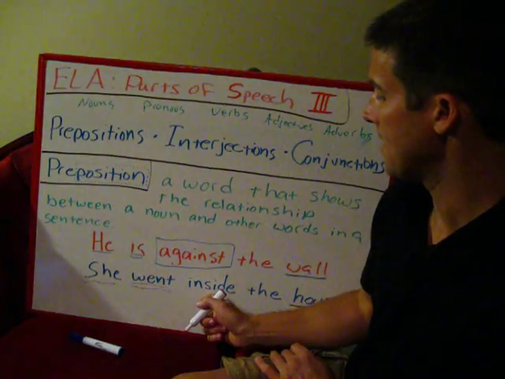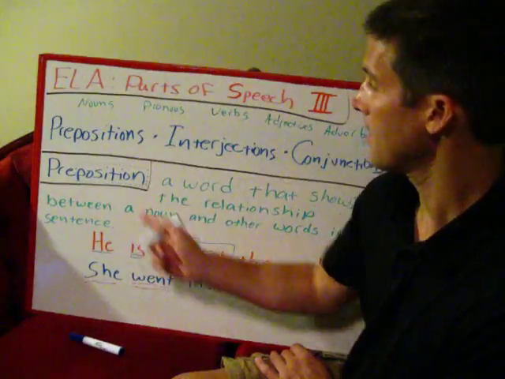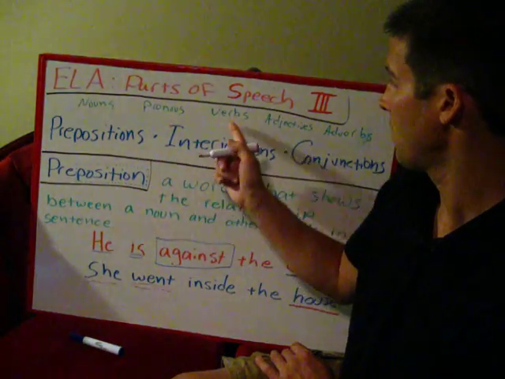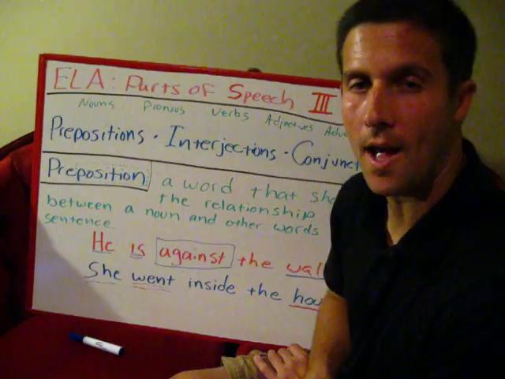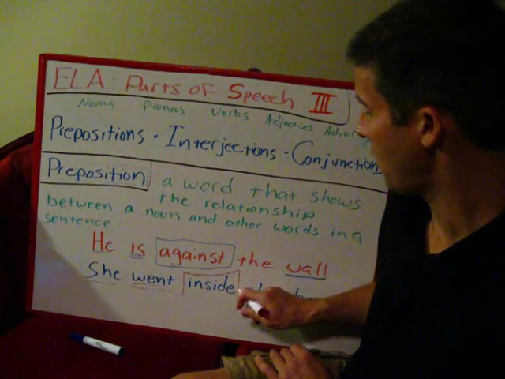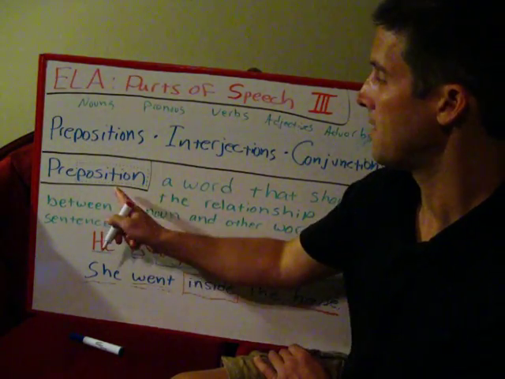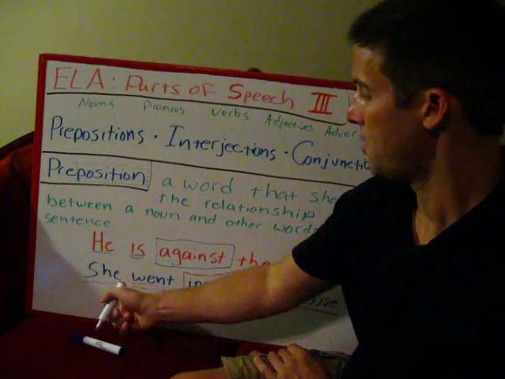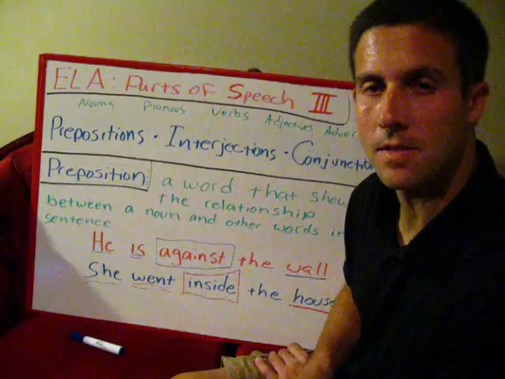Well, look at this word, inside. It's not a noun, it's not a pronoun, it's not a verb. So we rule out other words, and we see that inside is a location or a position of she and the house.